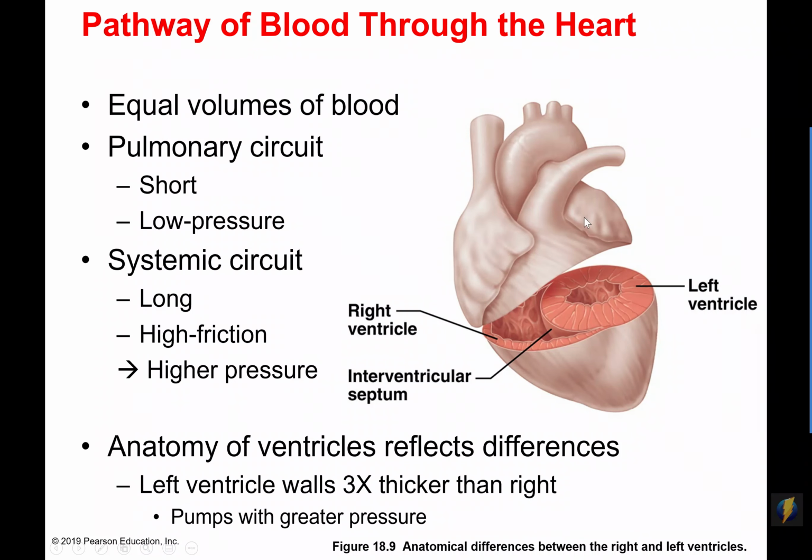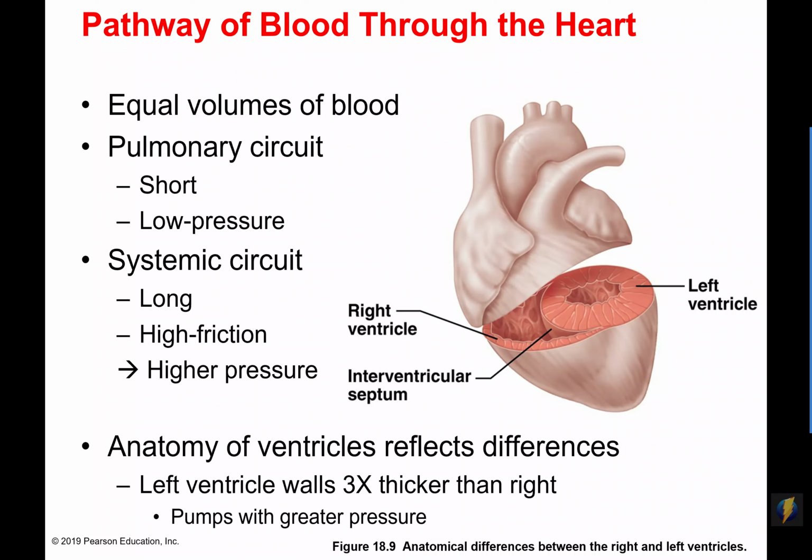The heart is the organ that pumps the blood, right? That's what we've been talking about here. The right part of the heart pumps through that pulmonary circuit. The left part of the heart pumps through that systemic circuit.